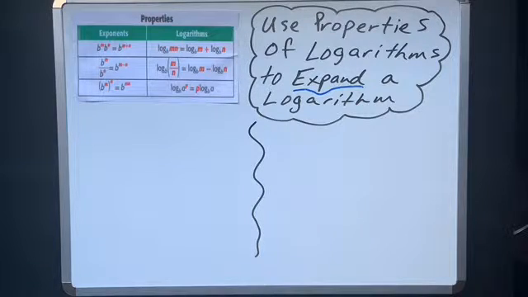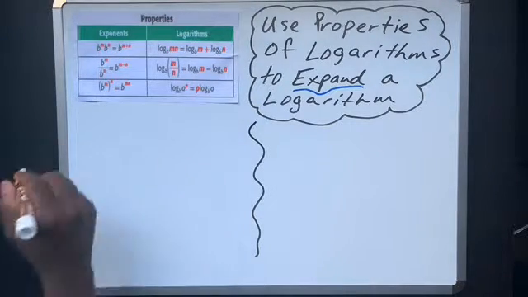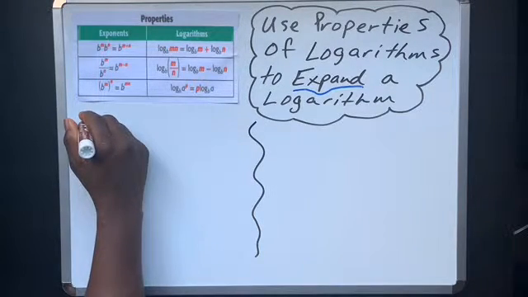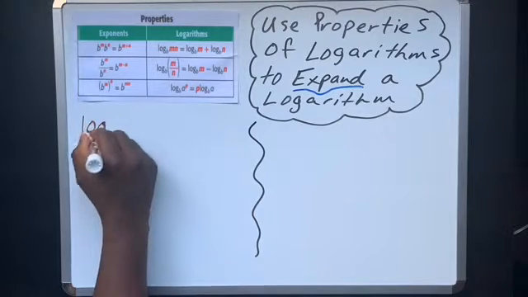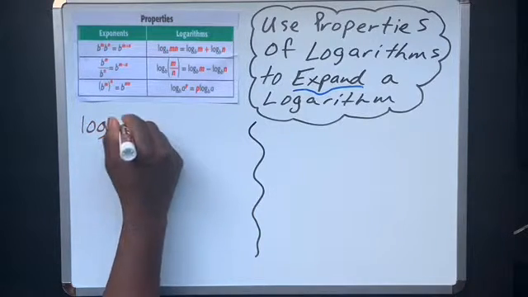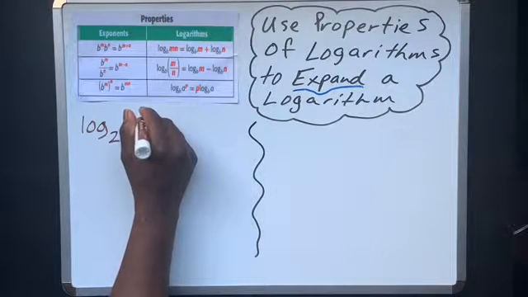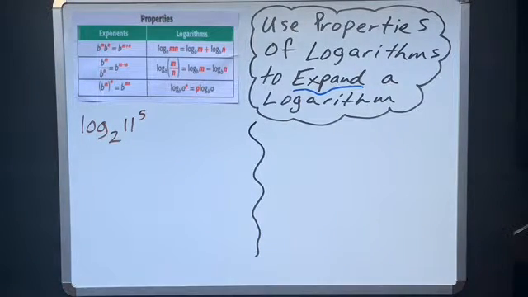So we're going to go ahead and start. I'm going to start with using this first property here, and let's give you an equation. So let's say we have log base 2 of 11, and that is raised to the 5th power.